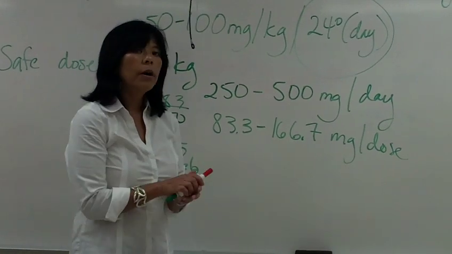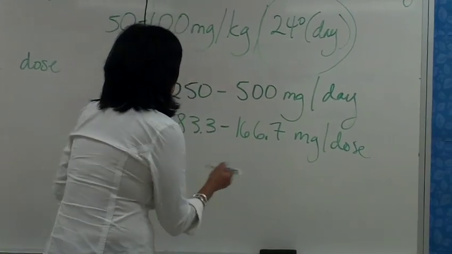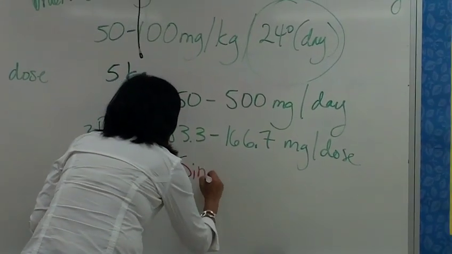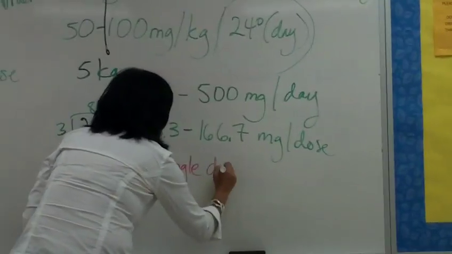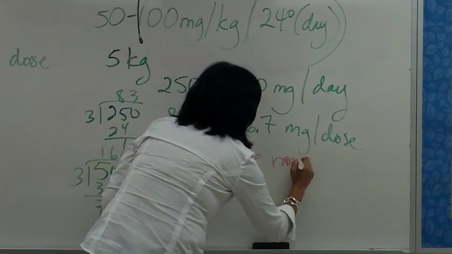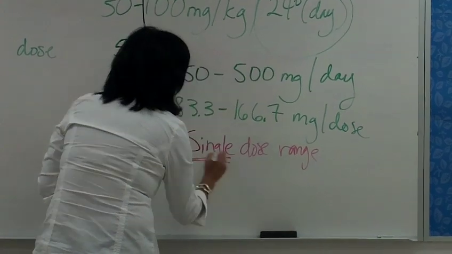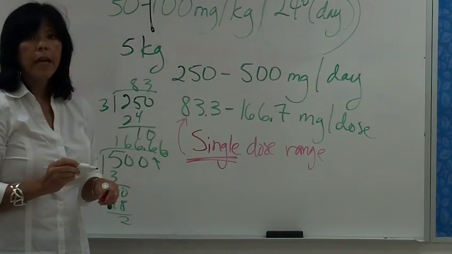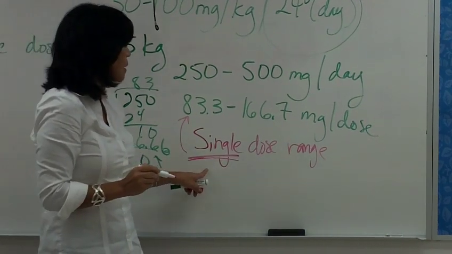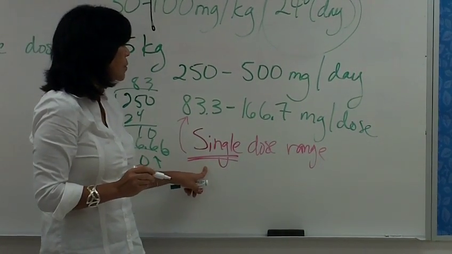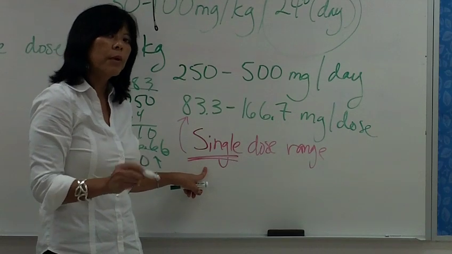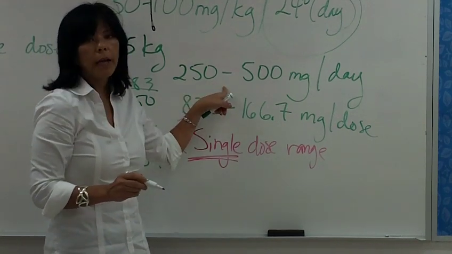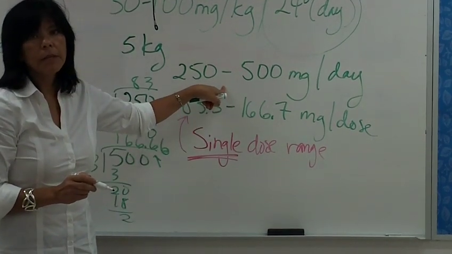Now sometimes on your exam, it will say calculate the single dose range. Now when it says single dose range, you have to do it this way, okay? Unless it says, if it doesn't say single dose range and just says safe dose range, it's talking about the per day or whatever is recommended by the reference.